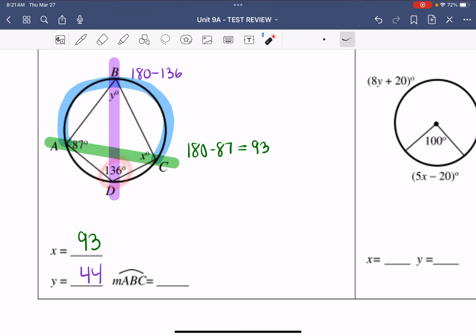And this is an inscribed angle. So to find this arc, we're going to times it by 2. So 136 times 2 gives me 272.